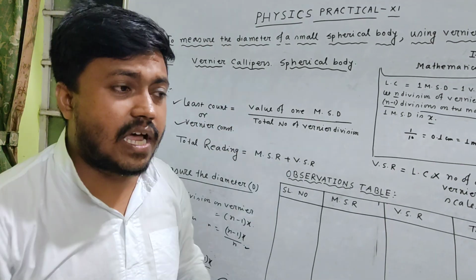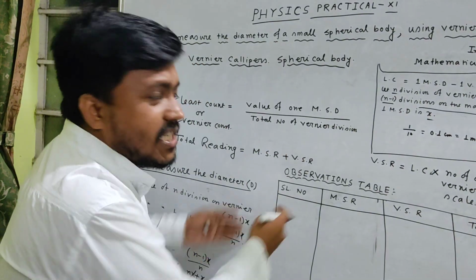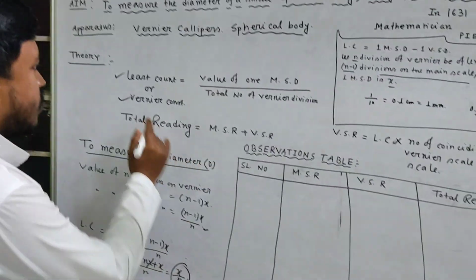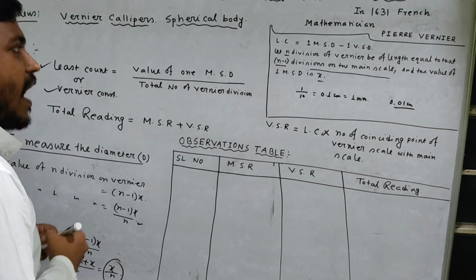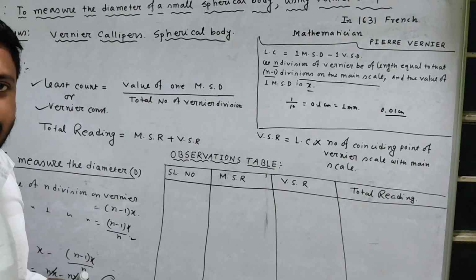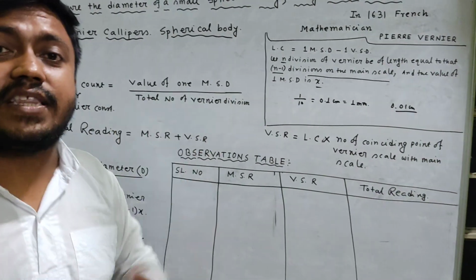Otherwise it is very difficult to solve the numericals on this topic. So now, students, least count formula equals what? Value of one main scale division divided by total number of vernier divisions. This is a fine way to find the least count.